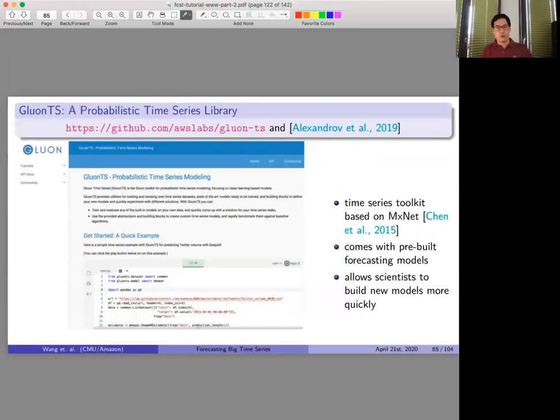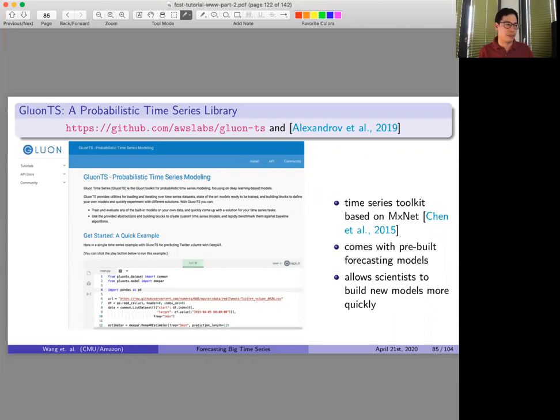Let me go over GluonTS first. GluonTS is Apache licensed. It's out there on GitHub. It's currently under review, but there's an archive manuscript available that we're pointing to here. GluonTS is based on MXNet, and in particular the Gluon API for it, and it comes with a plethora of forecasting models.